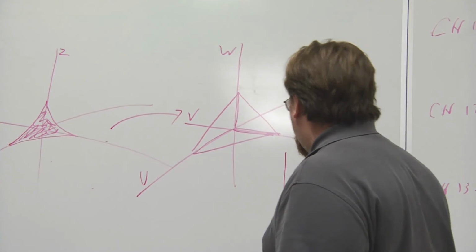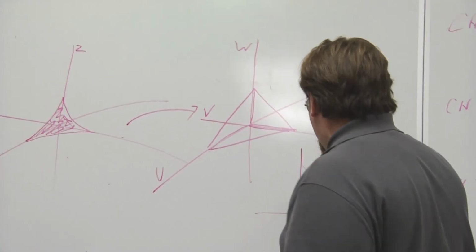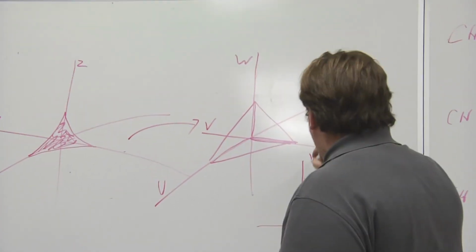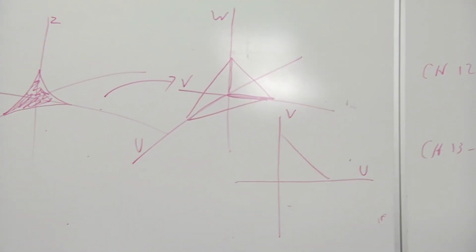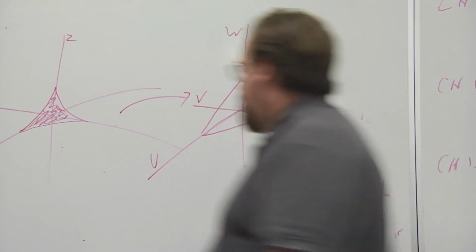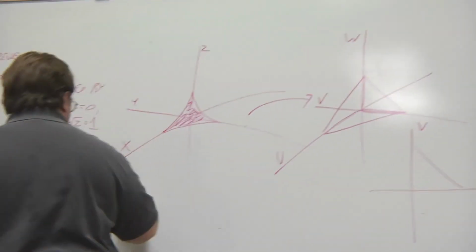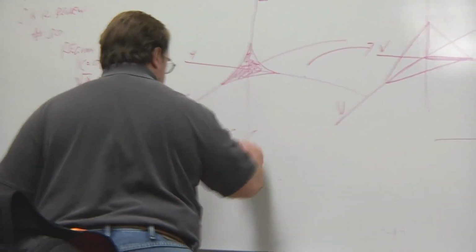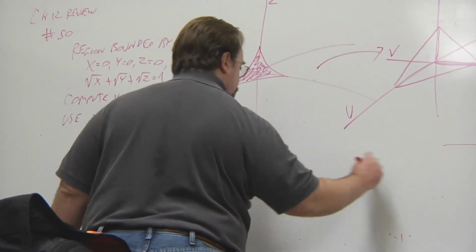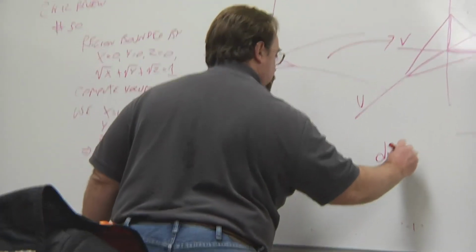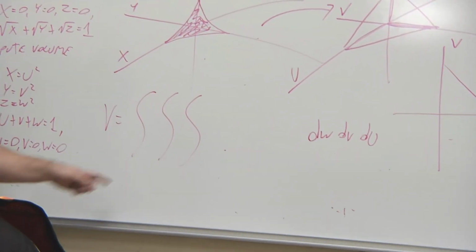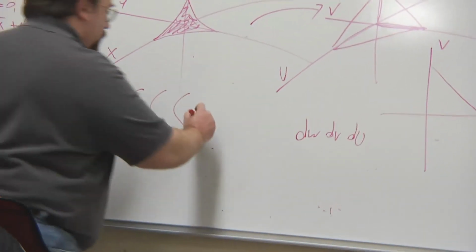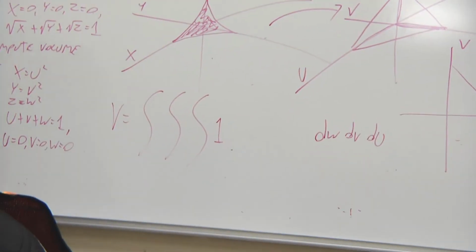And if you look at it from above, then you're looking down and you see this. So that means the volume you're going to be integrating, the function you're integrating is 1 because it's volume.